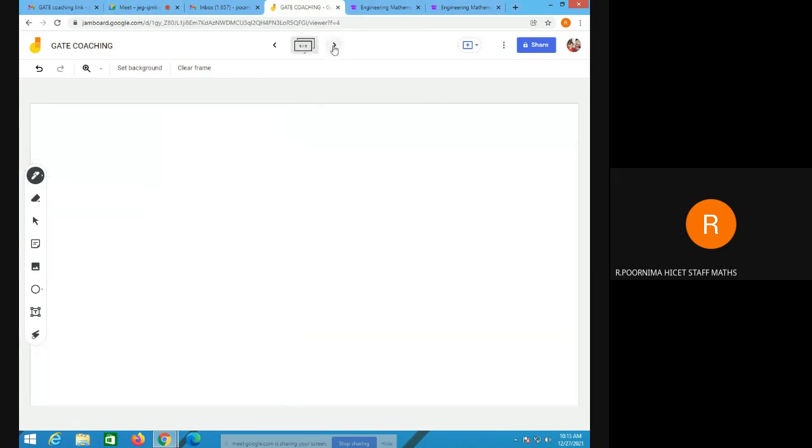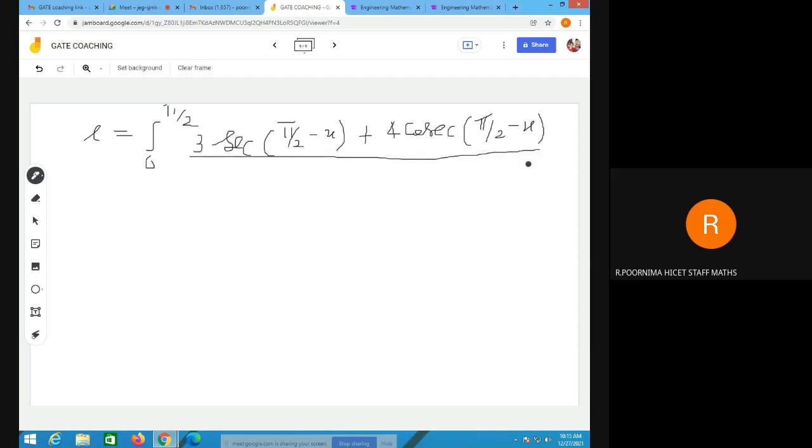So the next step becomes, again L is equal to integral 0 to pi by 2, 3 into secant of pi by 2 minus x, as per the property, plus 4 cosecant of pi by 2 minus x, whole divided by the denominator also, secant of pi by 2 minus x.